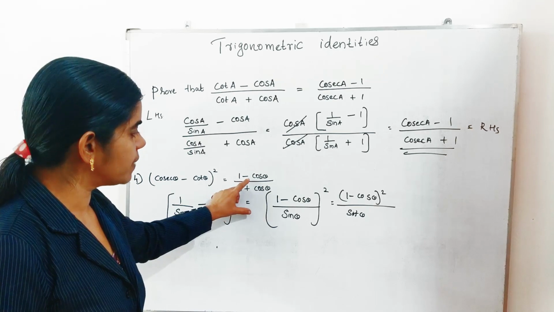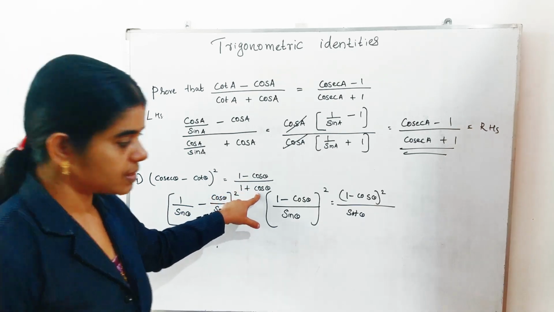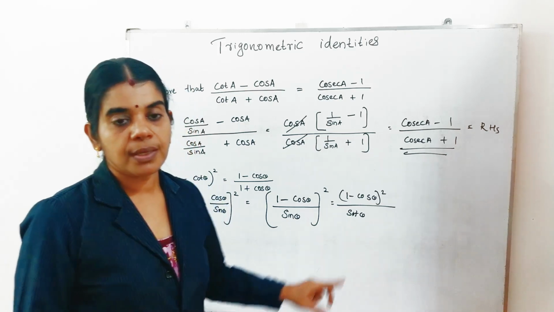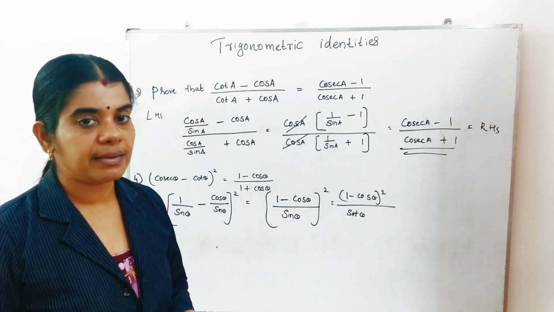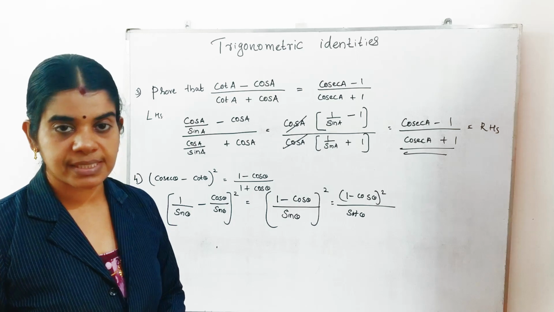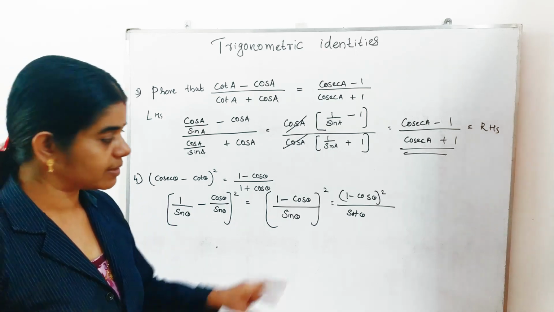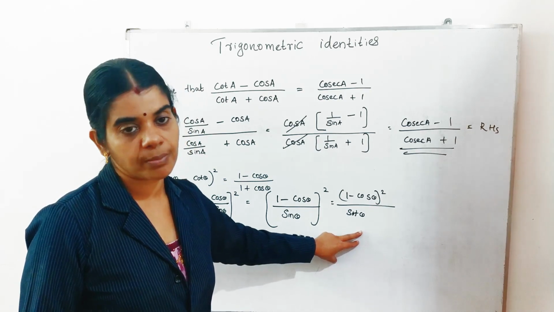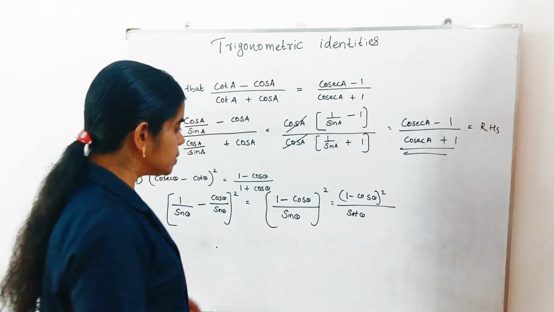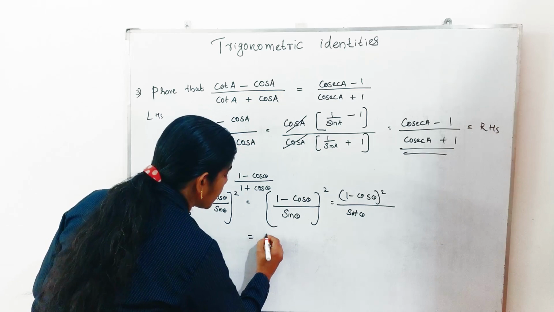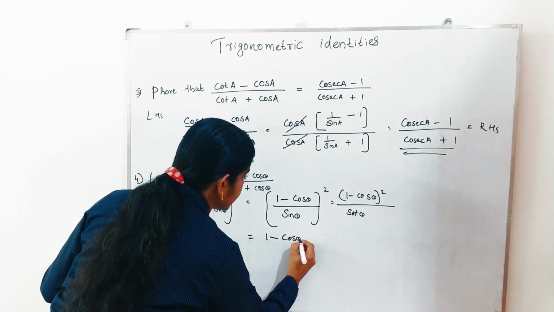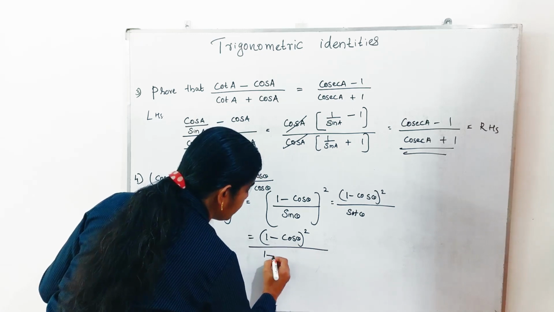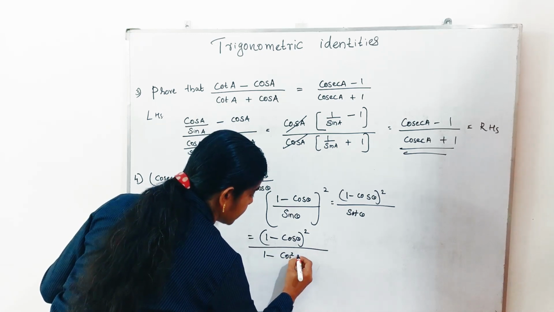Then you want to look at the RHS also. Both are in terms of 1 minus cos, so this denominator also you want to change in the form of cos. You studied the identities: sin square theta is equal to 1 minus cos square theta. So instead of sin square theta, I am going to write 1 minus cos square theta. So that will be 1 minus cos theta whole square divided by 1 minus cos square theta.